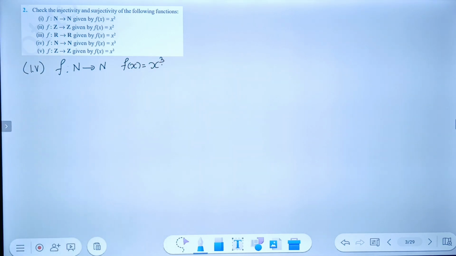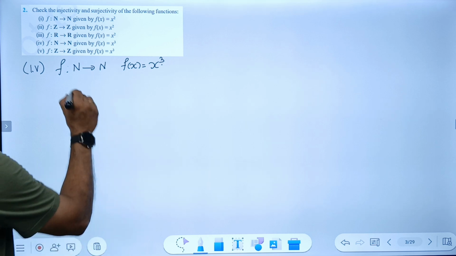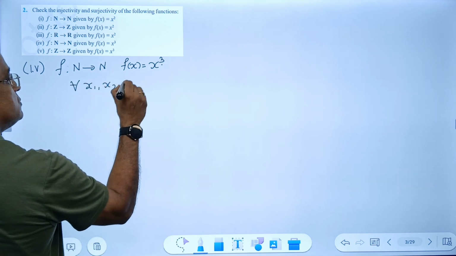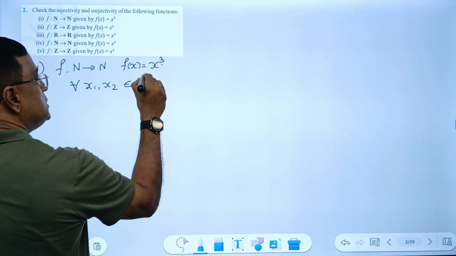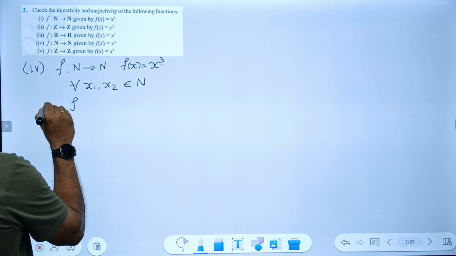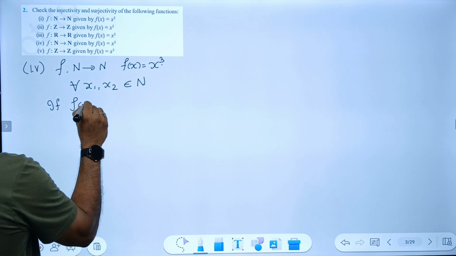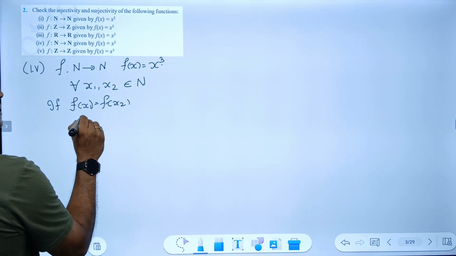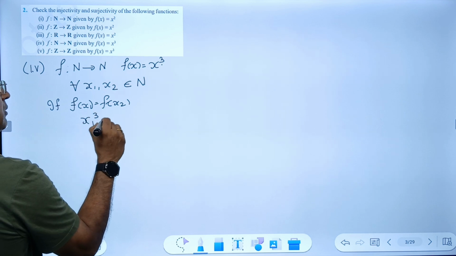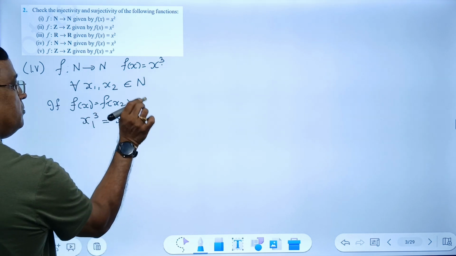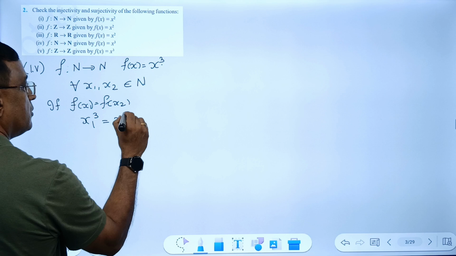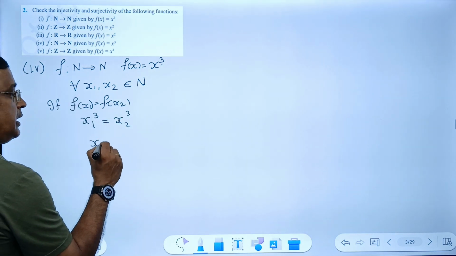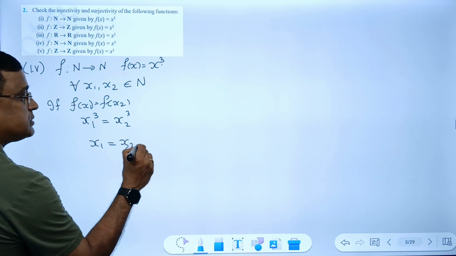Now clearly you can see for every x1, x2 belonging to natural numbers, if f of x1 equals f of x2, that is x1 cube equals x2 cube, and since they are natural numbers, x1 will be equal to x2.